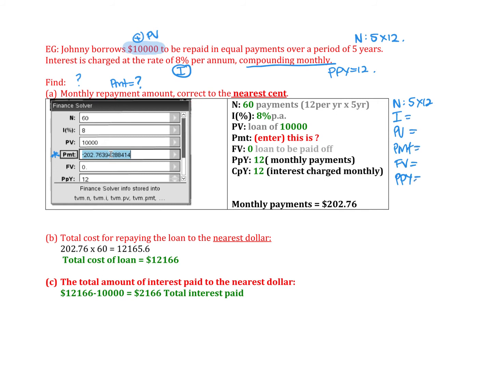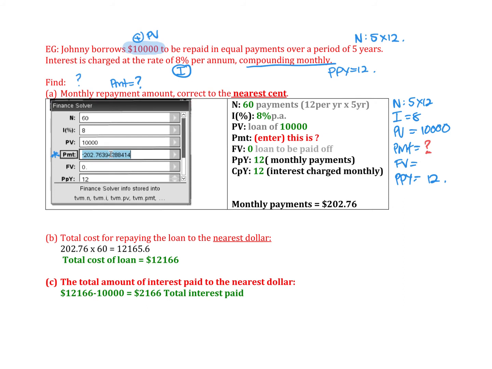So I know he borrows 10,000. So I start adding them in. So I go, all right, 10,000. I said 5 years. The interest rate was 8. Oh, sorry. I put it in here. This one. This is positive 10,000. And I always like to put the question on that one. So then I know I have to fill in all the rest. So I knew PPY was 12.